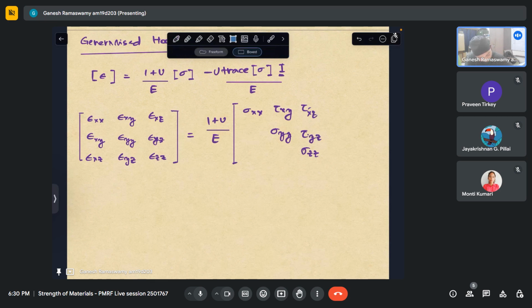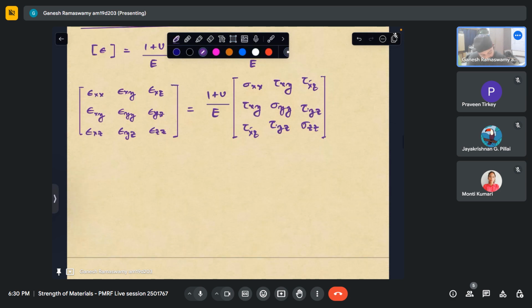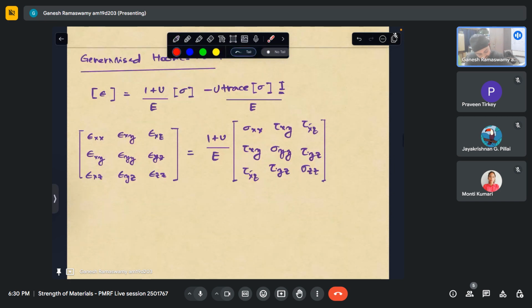It's a symmetric tensor, so I'll just put that here quickly. So that is this, minus this quantity I have to write.